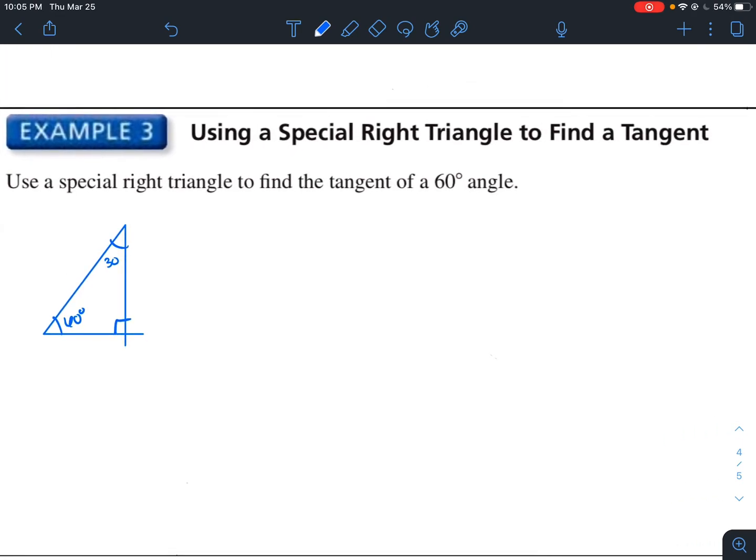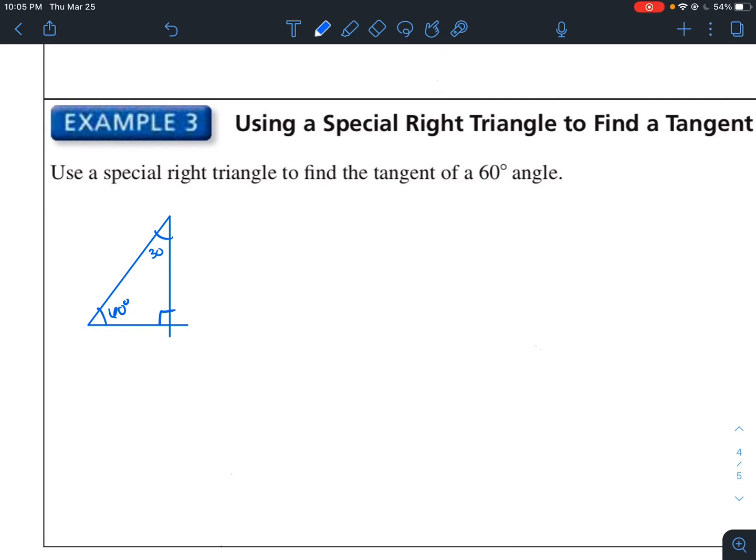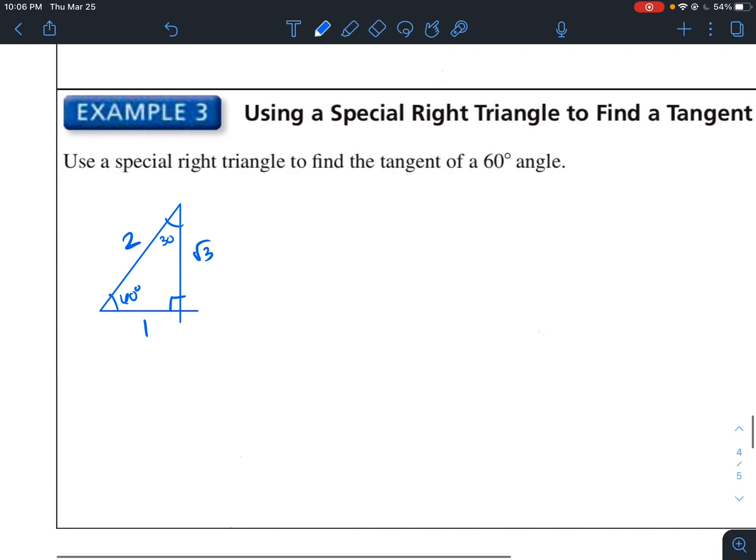Now, opposite to angle 30 has to be the shortest side length, and we're just going to give it as the ratio of 1 to 2. So the ratio of the opposite side of 30 to the hypotenuse is always 1 to 2, and then this side is square root of 3 times larger than the shortest side, so that's how you get those.